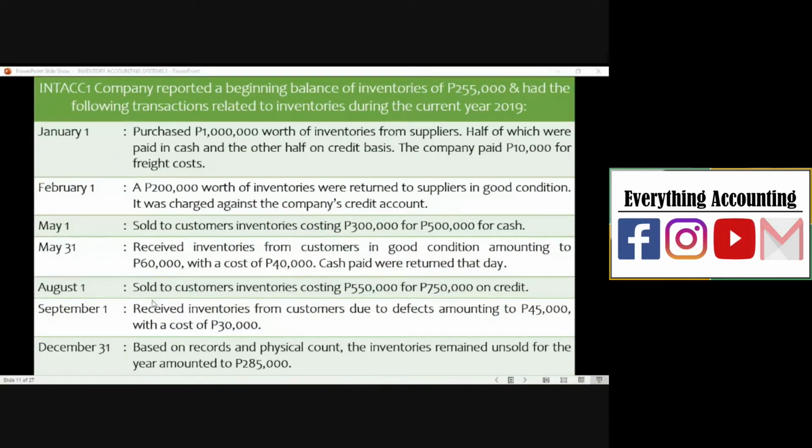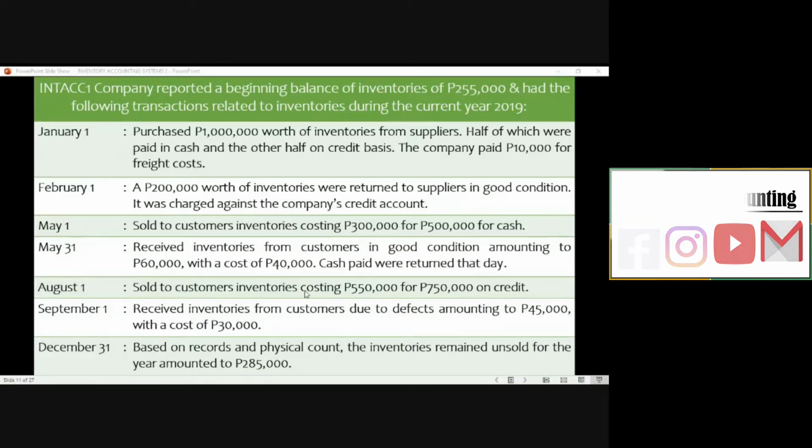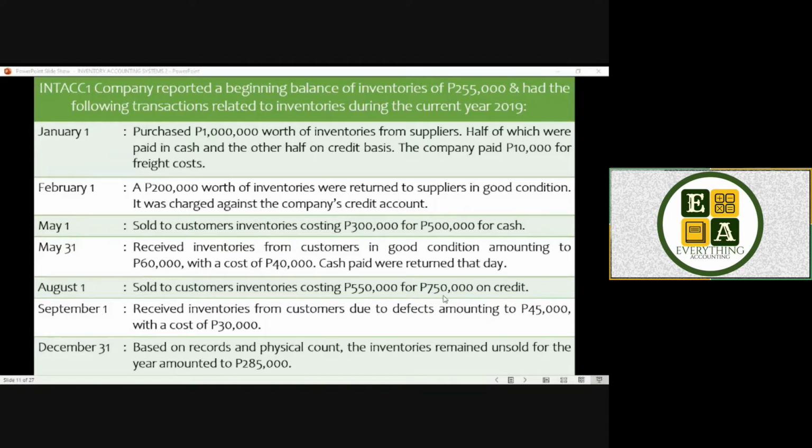August 1, sabi dyan, sold to customers inventories costing 550,000 for 750,000 on credit. So, ibig sabihin dito, nagbenta ulit tayo sa mga customers natin. Yung cost daw ng inventories, 550,000, pero yung pagkabenta natin, 750,000 lahat-lahat on credit.